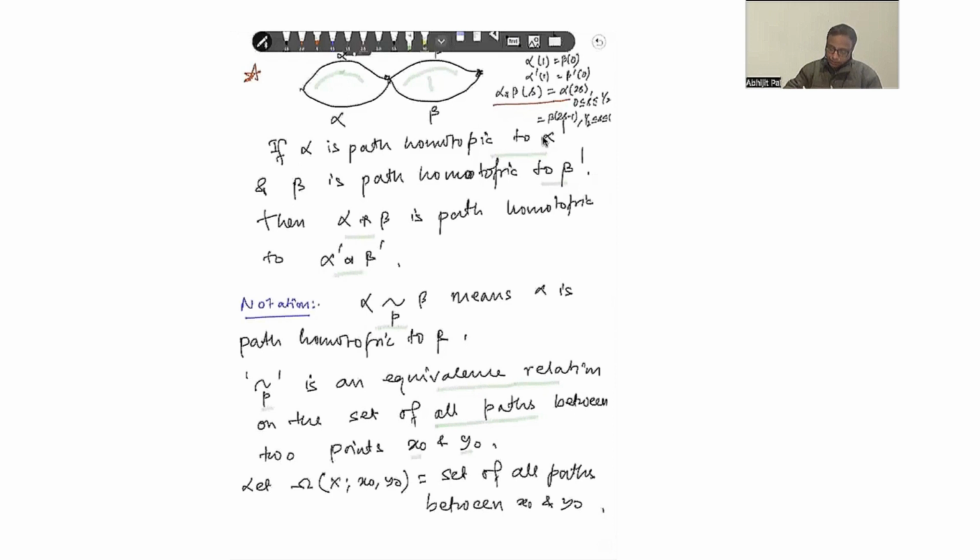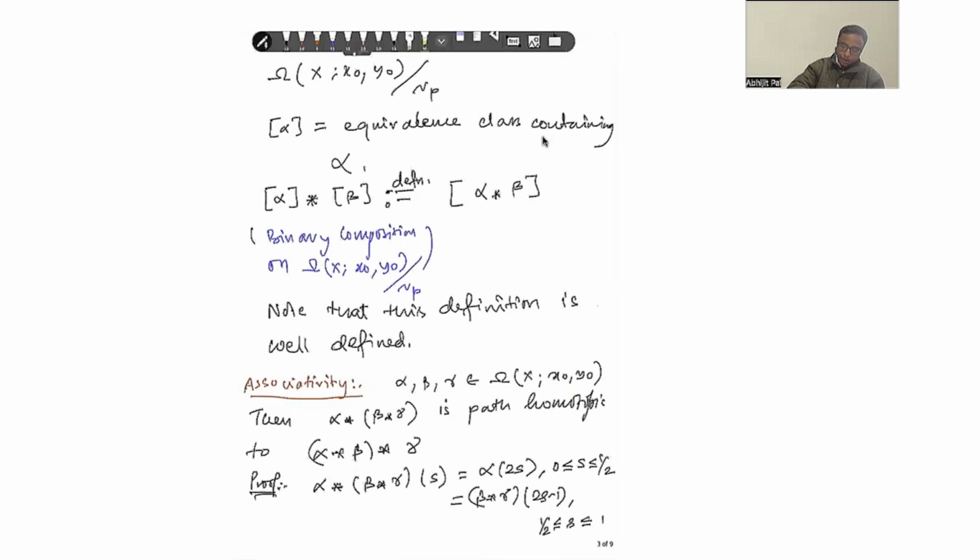Now if I take this set, omega(x0, y0), the set of all paths between x0 and y0, and I put this relation on the set, this is an equivalence relation, and the square bracket alpha will denote the equivalence class containing alpha.